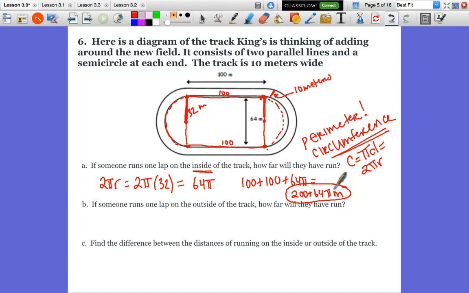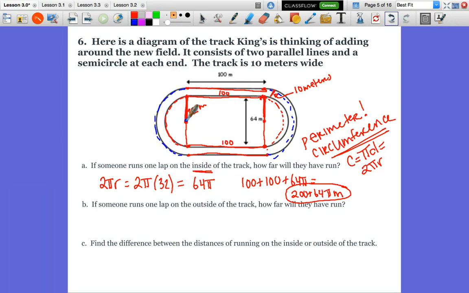What about if somebody runs on the outside? Okay, so it's still 100 and 100. So like this is still 100. Sorry, that was messy. And this is still 100. Oh, there you go. But what about, I need a new color, this distance? What happens here? What is the diameter? What's the radius there, right?